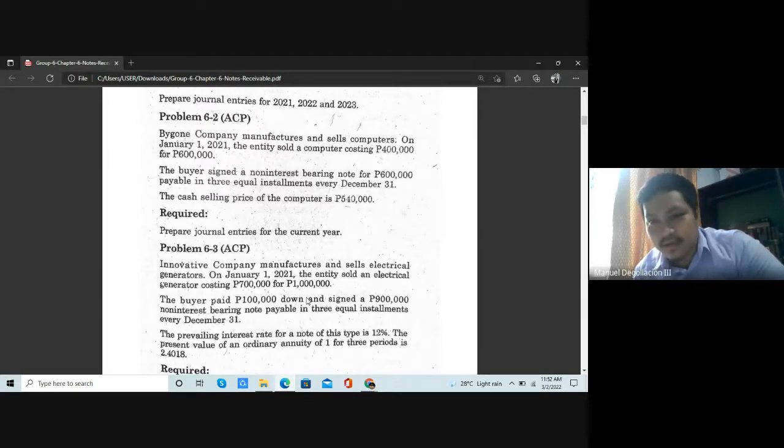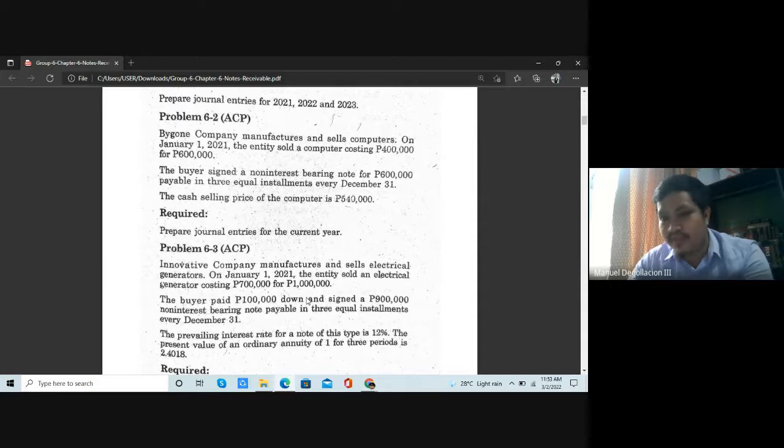Okay? Let's go to December 31, 2022. How much would be the carrying amount of your notes receivable? Pila to siya, how much was it at the end of the first year, class? 570. What happened after the first year?